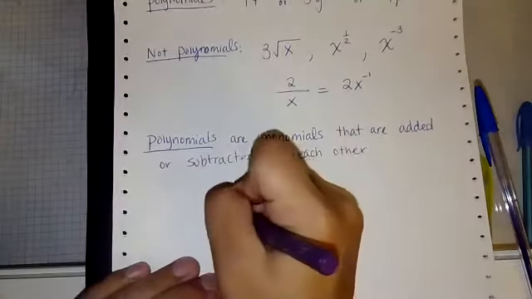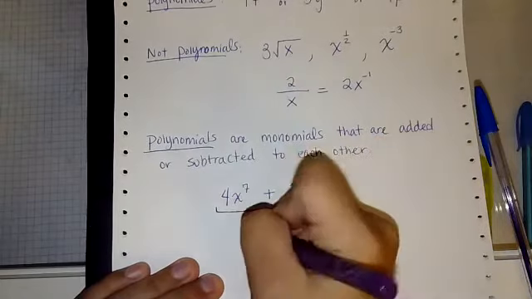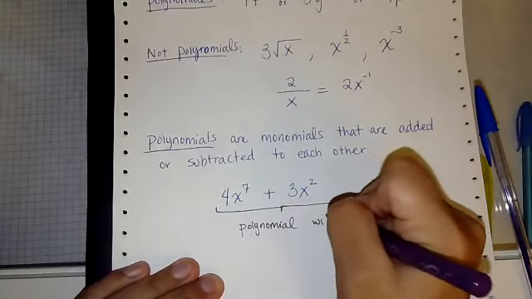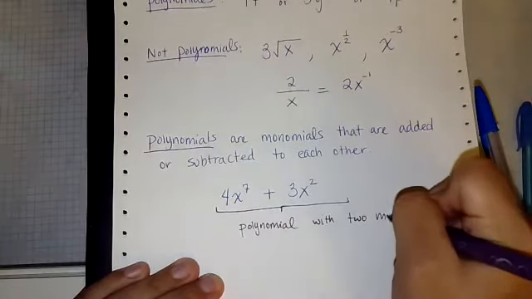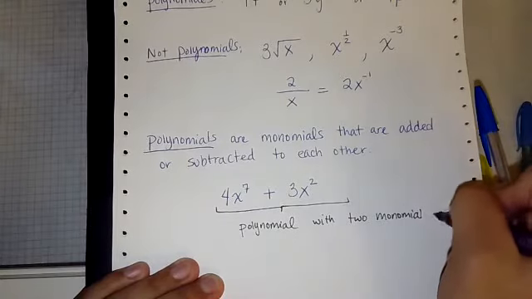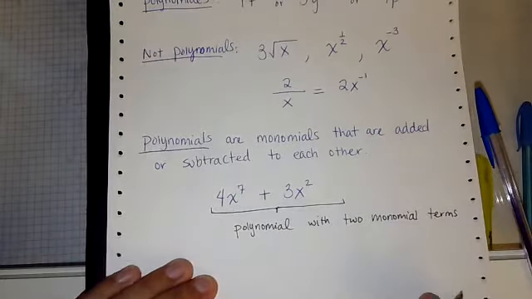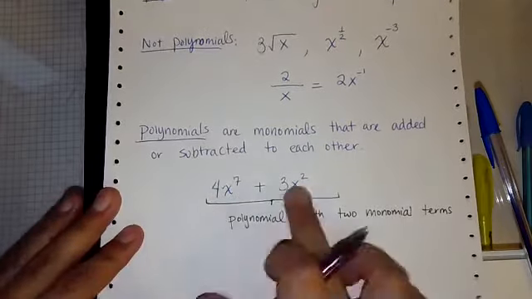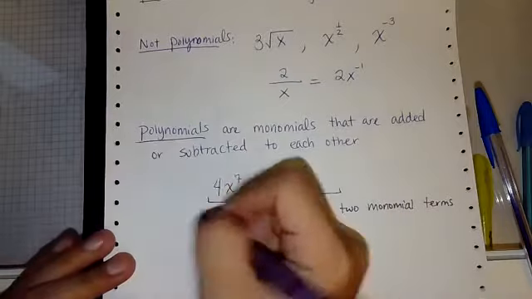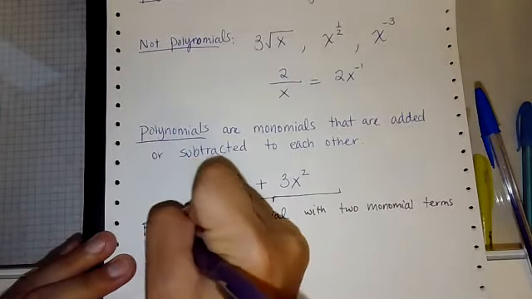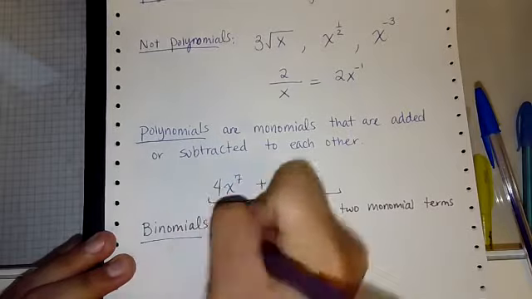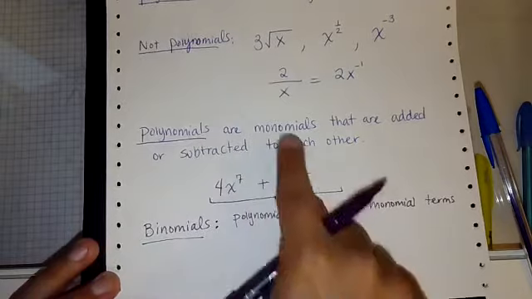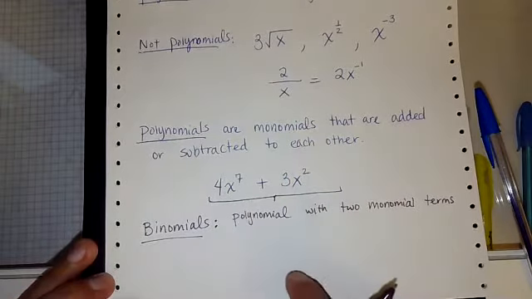Well, then this whole thing is a polynomial with 2 monomial terms. And specifically, we call a polynomial with two terms binomials. But the key thing here is that a polynomial is going to be made up of a bunch of monomials that are added to each other.